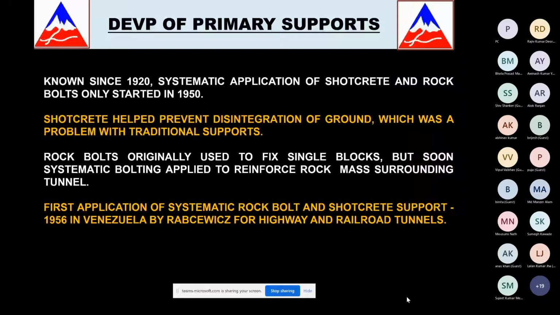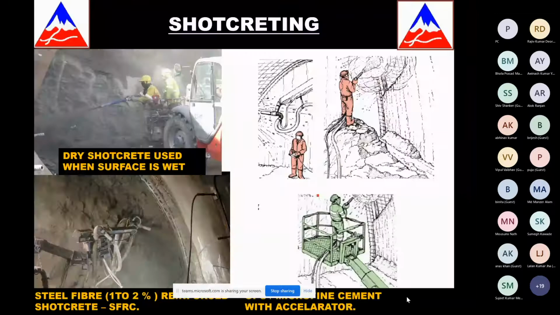The first application of systematic rock bolt and shotcrete supports was done in Venezuela by Mr. Rabcewicz, a senior scientist who is the father of the New Austrian Tunneling Method, or the observational way of tunneling. The systems are either dry shotcrete, which is used when the surface is wet, since you need not have the shotcrete be wet, you can reduce the water, and dry spray can be done on a wet surface.